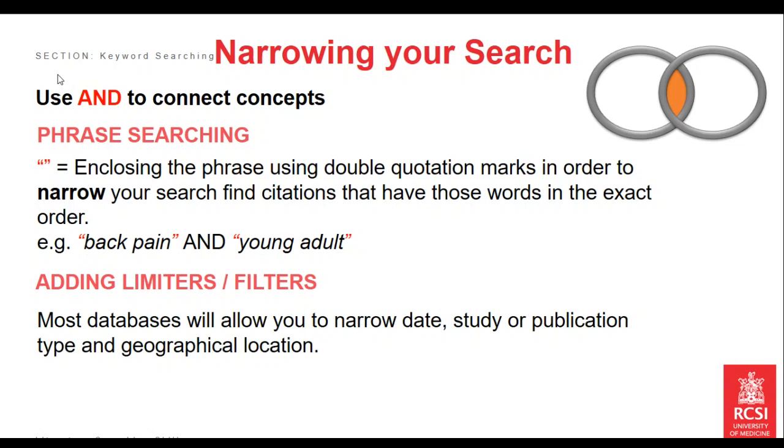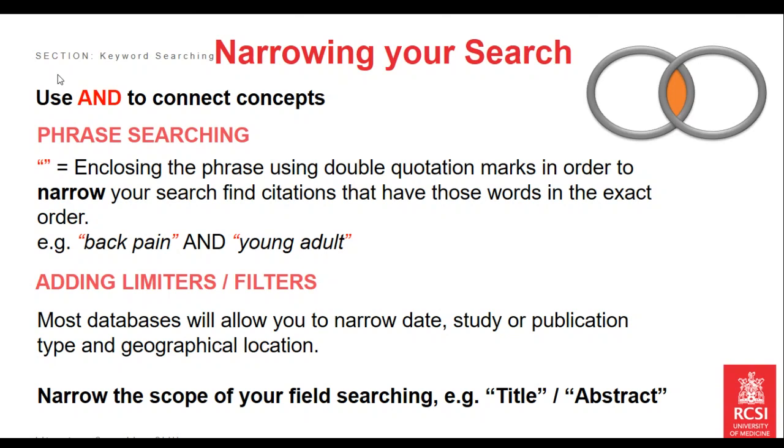Or you might say just look for randomized control trials or systematic reviews. Or she might say to look at studies that are published just in Europe or in the US. So you can use filters or limiters that appear on the left to narrow your results further.